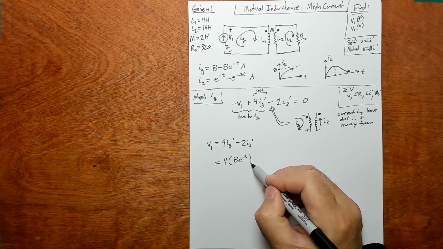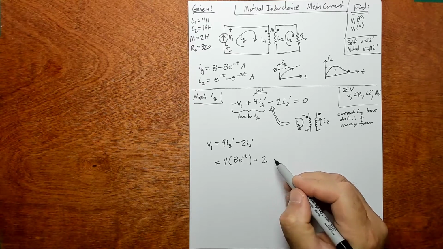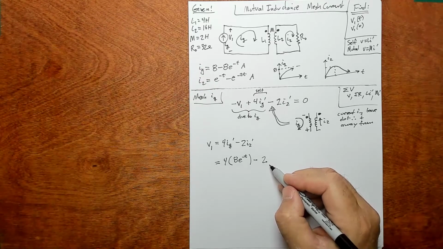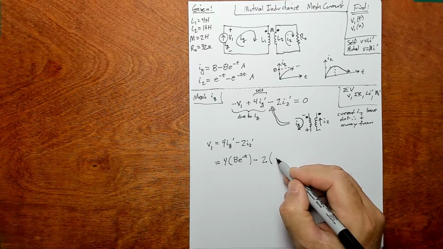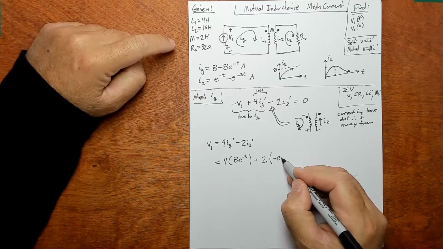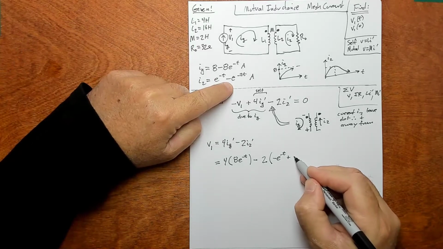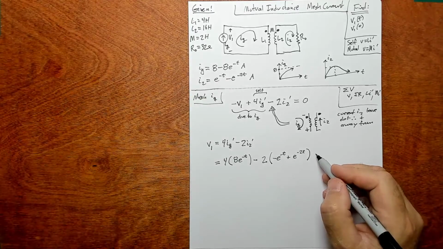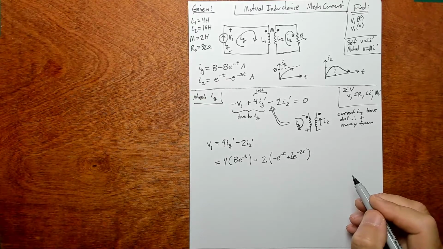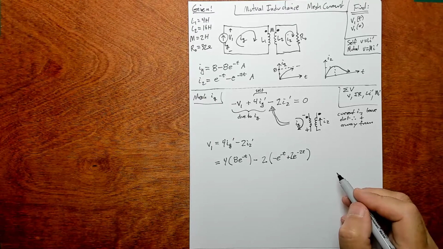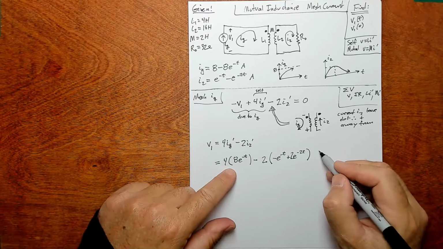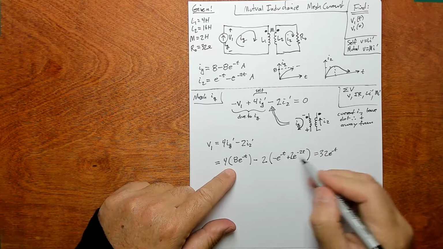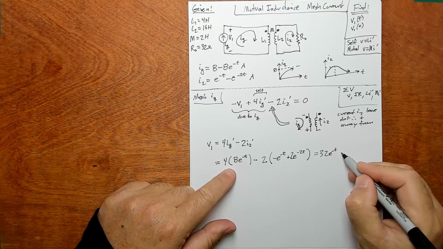It's indestructible. And then the 2, and then I2 prime, the derivative of this thing, is minus e to the minus t, and then this one becomes plus e to the minus 2t, with a 2. So 8 times 4 is 32, and you could subtract one of these guys and then multiply times 2.